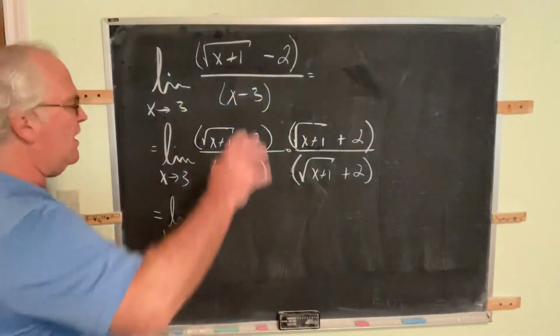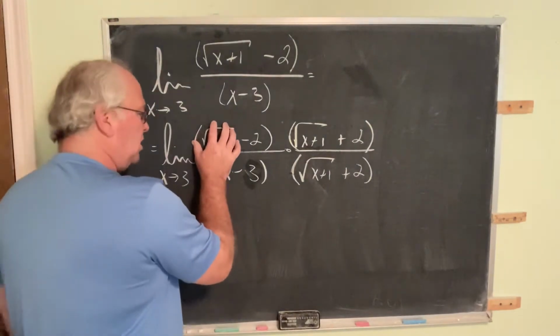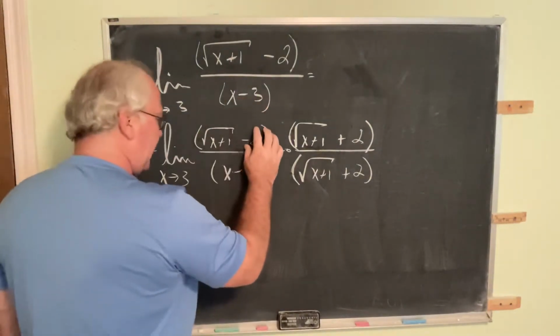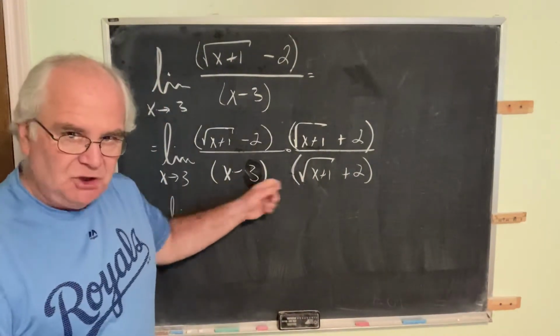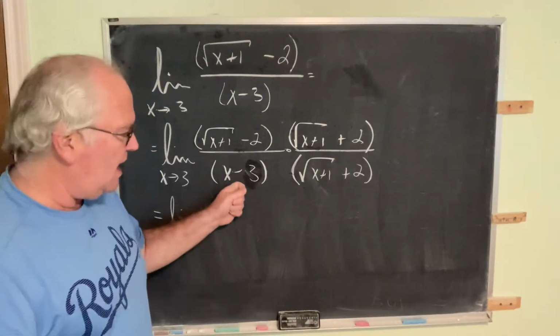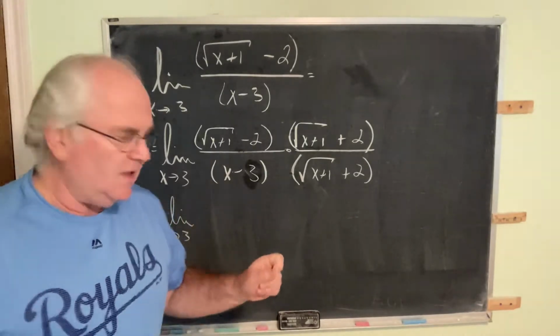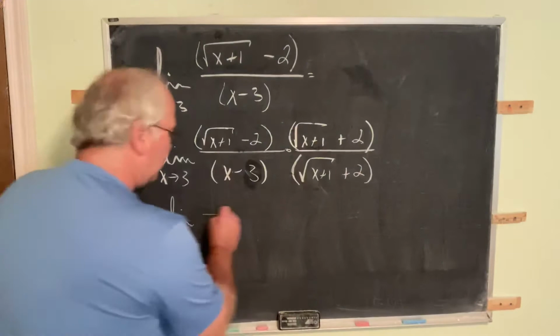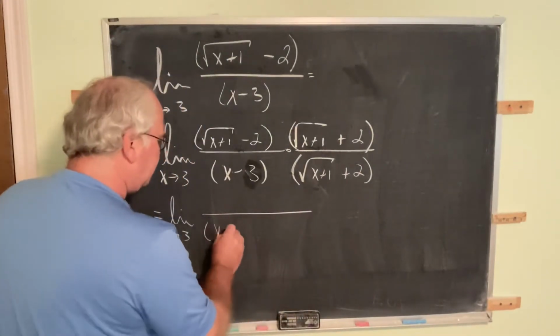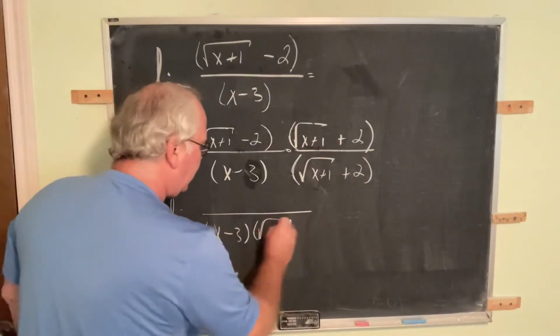So what you end up with is the first term squared minus the second term squared. Now, the non-conjugate factors down here, this is not the conjugate. The technique here is don't multiply this portion. The denominator in this case, just leave it alone. You'll see why here in just a minute.